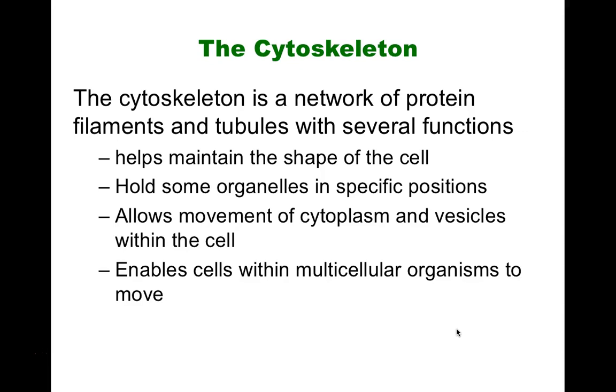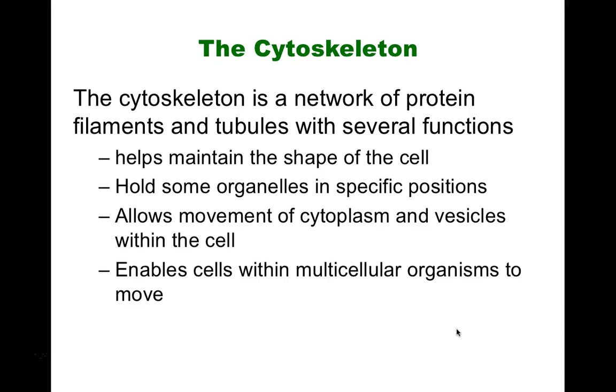In fact, prokaryotic cells also have cytoskeletal structures, though more simple in organization. It appears that almost all cells, or many types of cells, have some form of cytoskeleton structure.